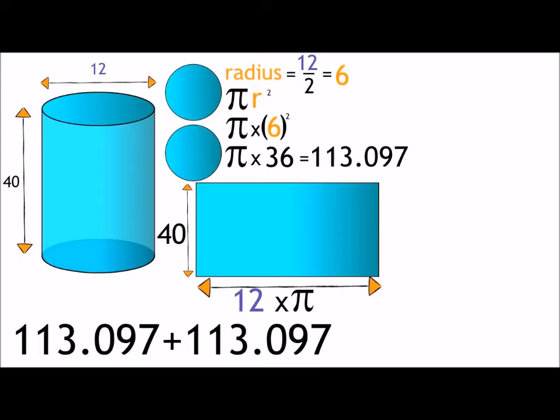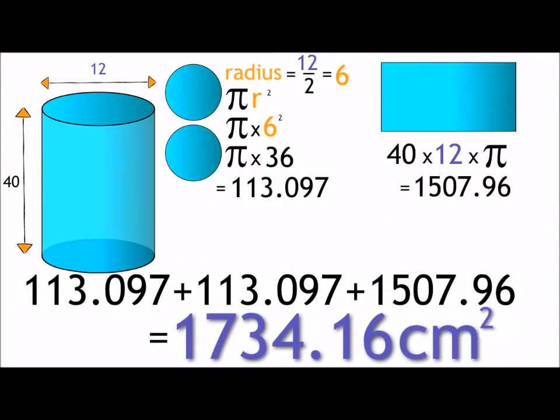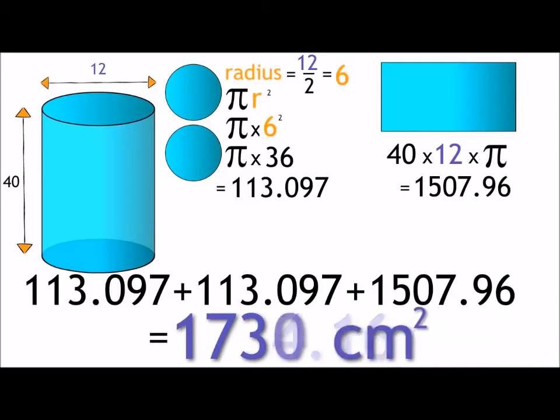And type that into my calculator, 40 times 12 times pi. We get 1507.96, and that's going to get added on there. So we add those all together, 1734.16 centimeters squared. Now it's probably a good idea to round that to three significant figures. It's three important numbers, so that would be 1730 centimeters squared.